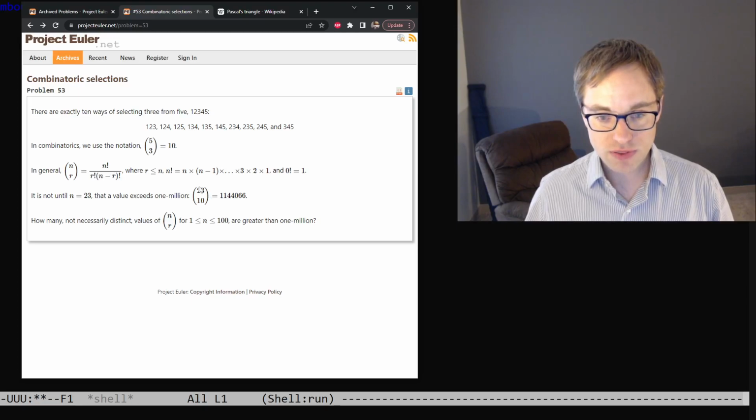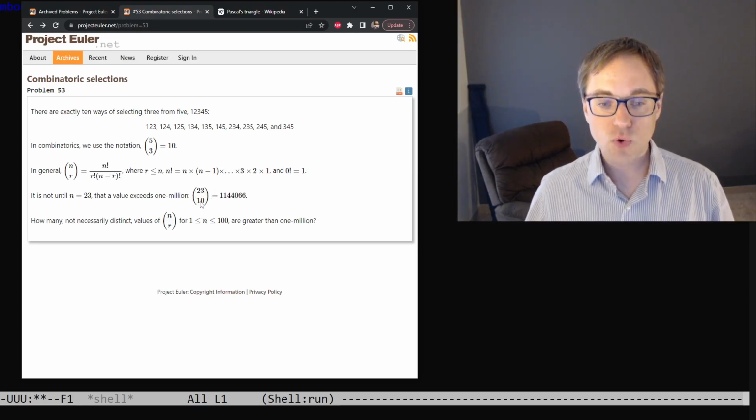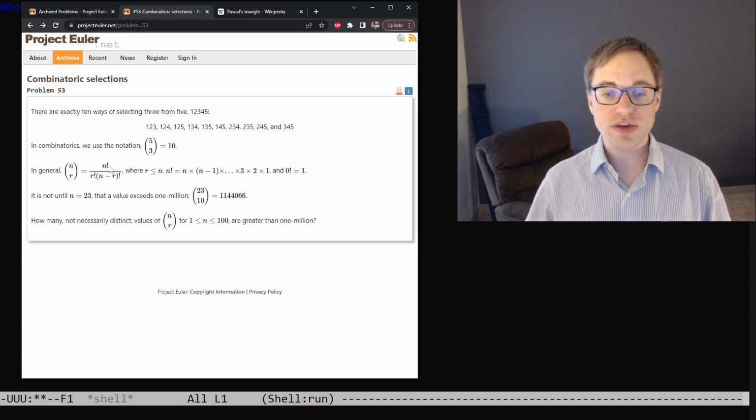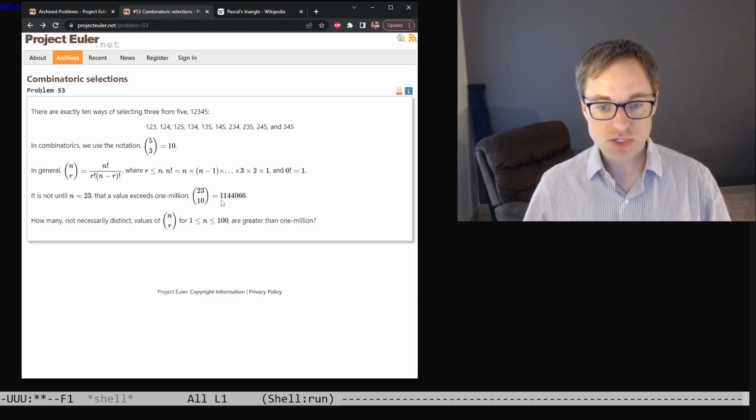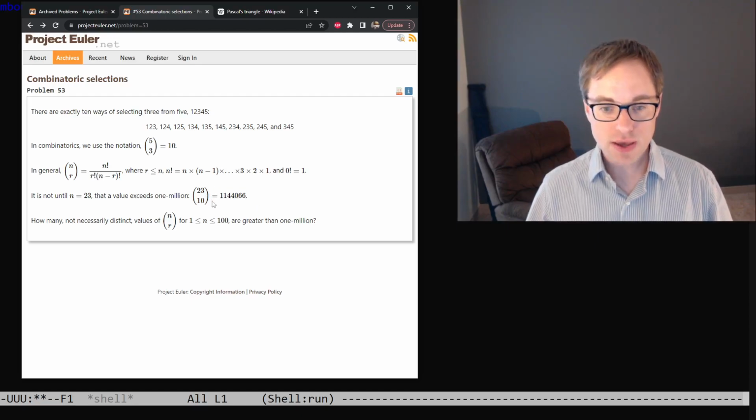Even for this coefficient here, 23 choose 10, you're going to have to compute 23 factorial. So even though this number is quite modest, just over 1 million, you would have to calculate some very large numbers if you're going to use this expression directly.